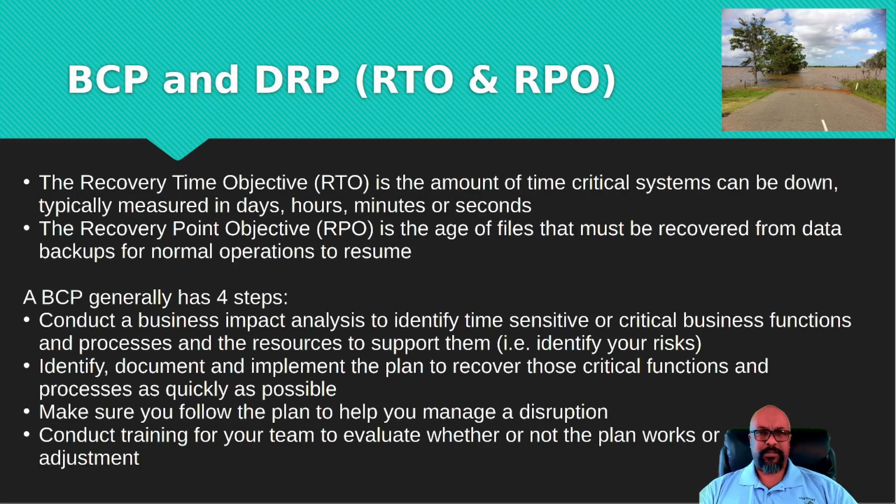You do a risk assessment to identify time-sensitive or critical business functions and processes, as well as the resources to support those processes and functions. So you're identifying your risk and you're ranking them. The next step is identify, document, and implement the plan to recover those critical functions and processes as quickly as possible. That's where DRP helps you.